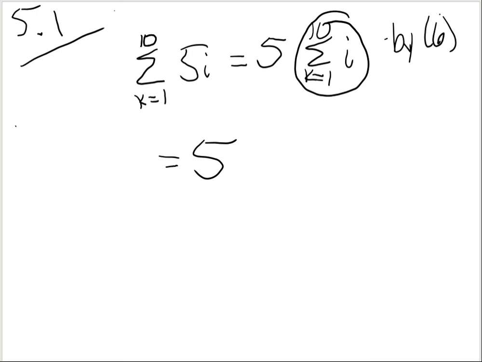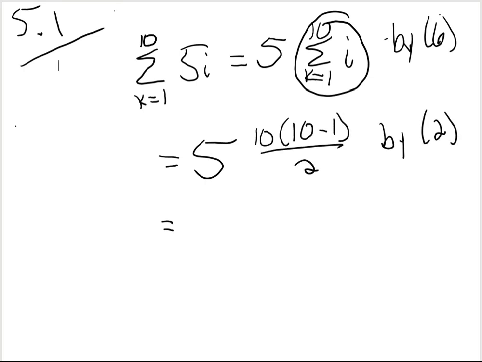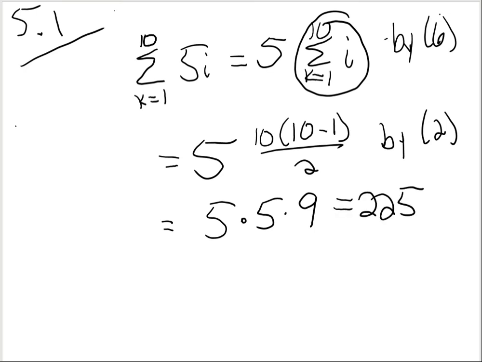Our n is 10, so it's 10 times (10 plus 1) over 2, which is 55, times 5, equals 275. So that's a lot easier and quicker than, say, adding out 5 plus 10 plus 15 all the way up to 50.